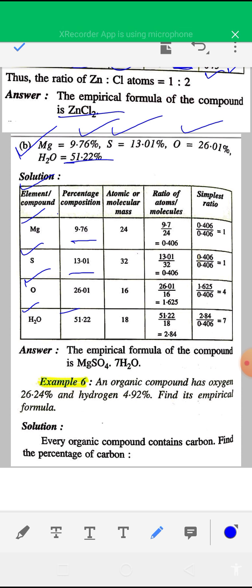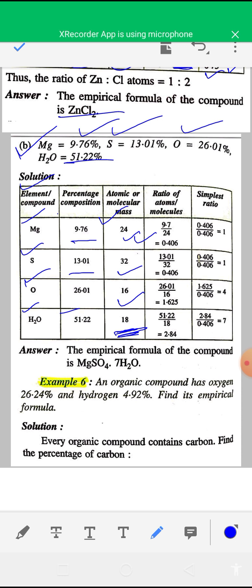Then you have to write their atomic or molecular mass. For water you write the molecular mass, and for the different atoms you write atomic masses. The atomic mass of magnesium is 24, sulfur is 32, oxygen is 16 and the molecular mass of water is 18.